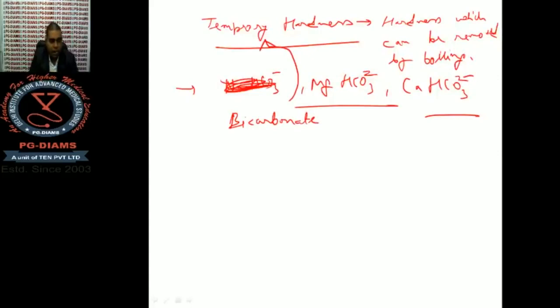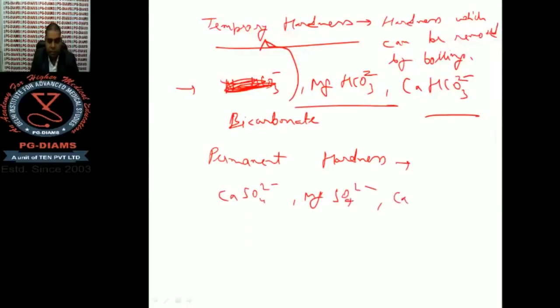The permanent hardness is because of sulfates and chlorides of magnesium and calcium, that is calcium sulfate, magnesium sulfate, calcium chloride or magnesium chloride.